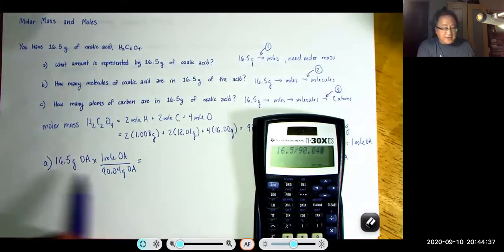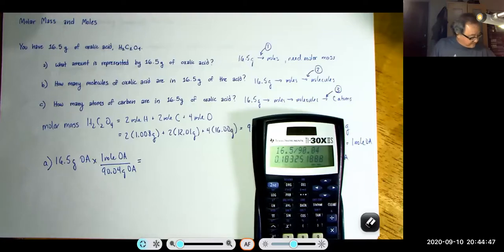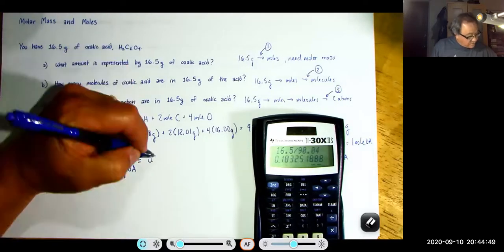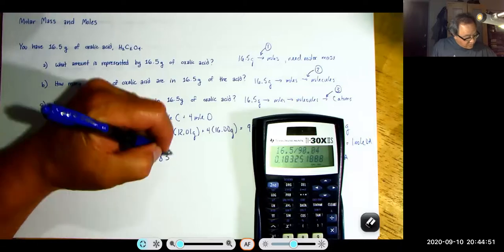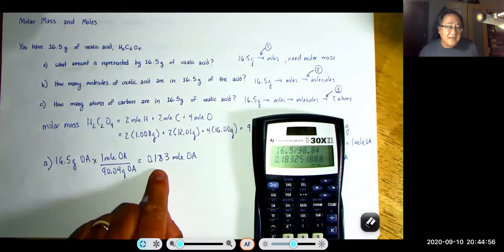Here, you can see that the number is going to be smaller than 1, but not as small as 1/10. Bigger than 1/10, smaller than 1. And so here we get 0.183 mole of oxalic acid. So that's definitely bigger than 1/10 and smaller than 1.